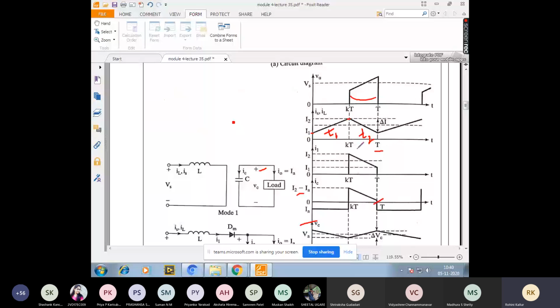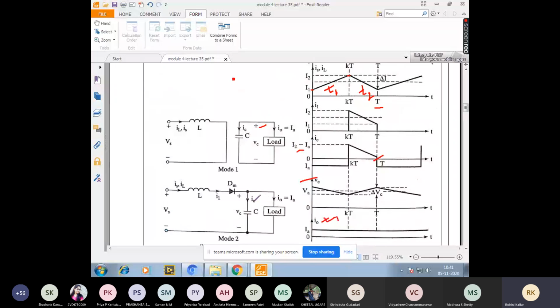When the device is in the off condition, the load is connected to the supply voltage, but the supply is not feeding it. The energy stored in the inductor supplies the load, so the current flows through the capacitor as well as the load.